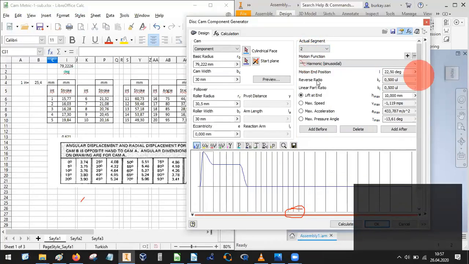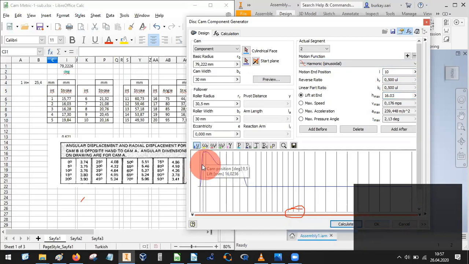At this segment, our motion ends at position 10 degrees. I will adjust the ending position to 10 degrees. And at that point, I'm going to make that entry, which is 16.023. I'm sorry. Again, calculate.